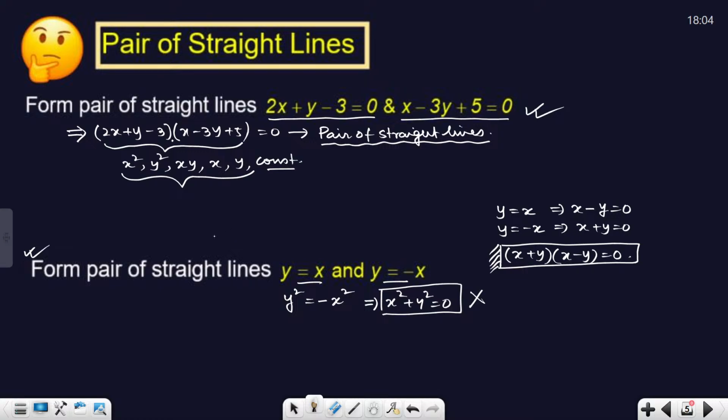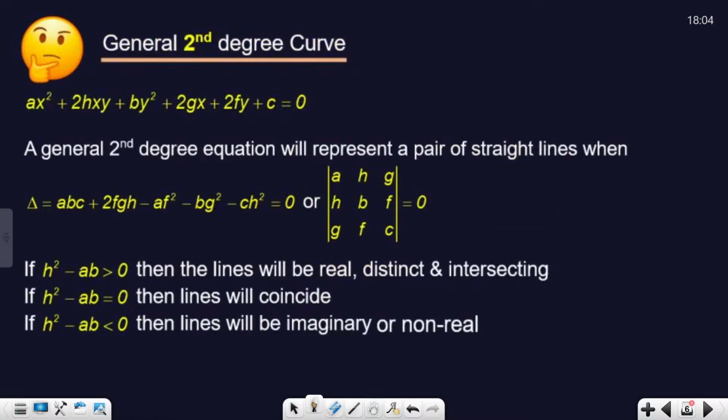The answer is no. Let us consider the general form of this second degree equation. It is like this: ax square plus 2hxy plus by square plus 2gx plus 2fy plus c equals 0.